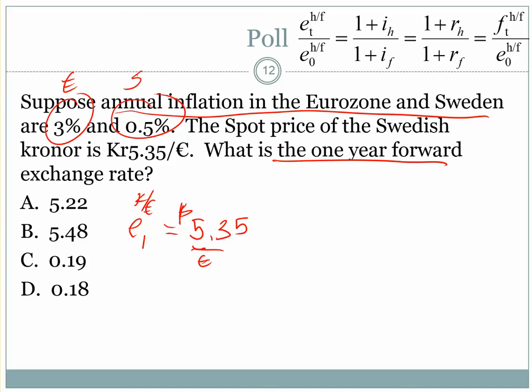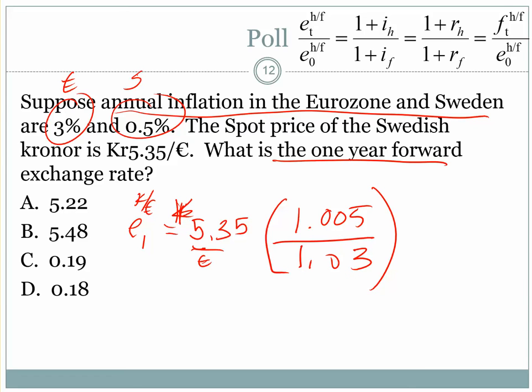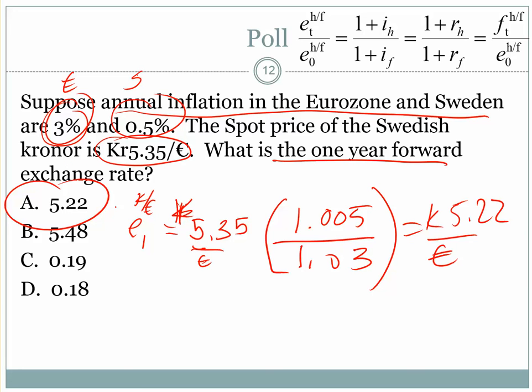So it actually doesn't matter whether they're inflation rates or interest rates. It's going to give you the same answer. So in this case, we need crown over euro inflation rates, 0.5% and 3%. That'll give me 5.22 crown per euro. And again, this seems to make sense in that the euro has 2.5% higher inflation. This exchange rate is the price of the euro, so the euro has to devalue. That's why it's gone from 5.35 to 5.22.